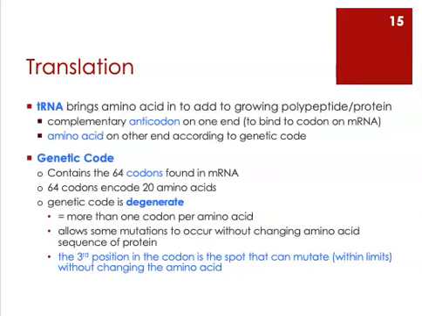In other words, there's a different tRNA for each of the amino acids. We haven't talked too much about amino acids, but there are 20 commonly occurring amino acids. So we need a different tRNA for each one of those.